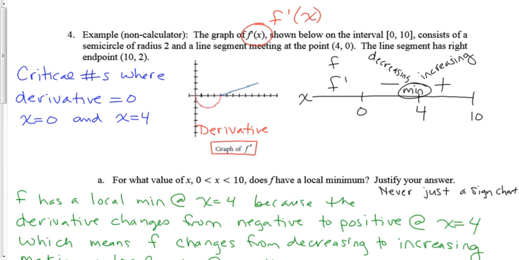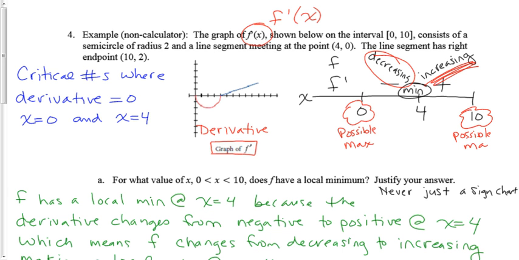Looking at my sign chart over here, I know that I am decreasing from 0 to 4. So I probably need to look at 0 as a possible max. But then again, after 4, the function's increasing, so here is a possible max. What I actually need to do is figure out how much the function decreases after 0 and how much the function increases from 4 to 10.